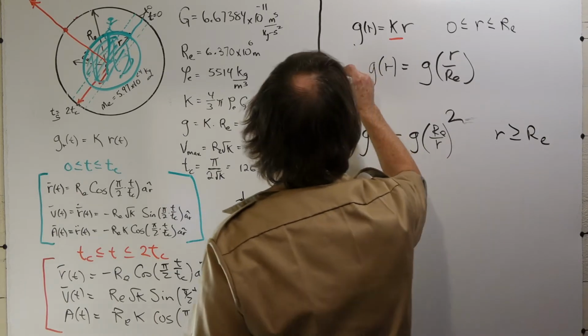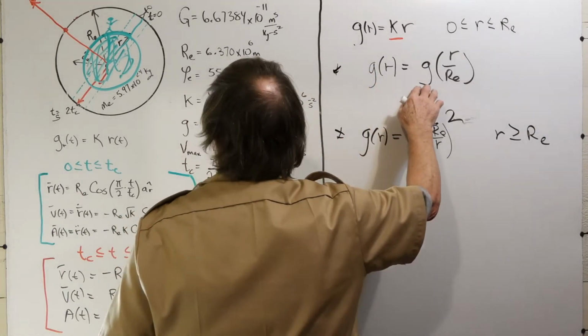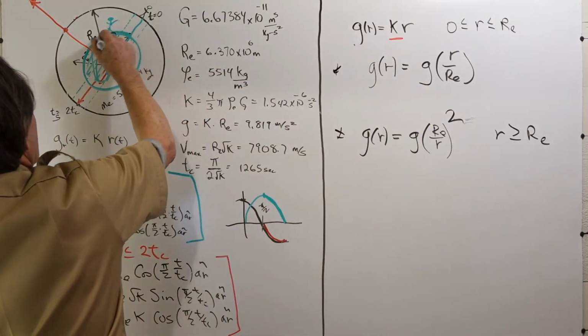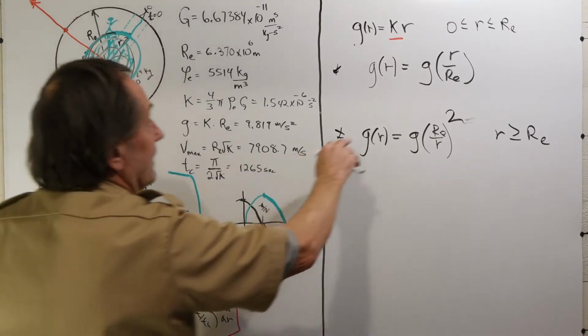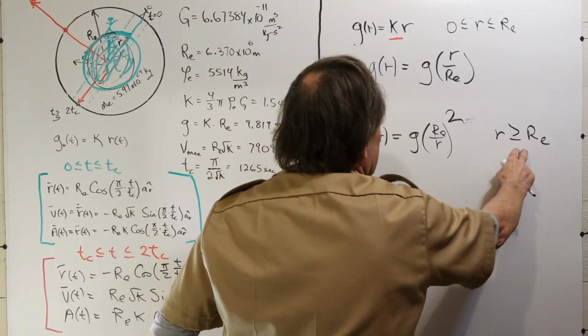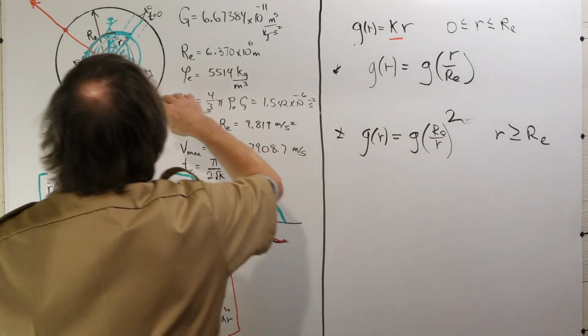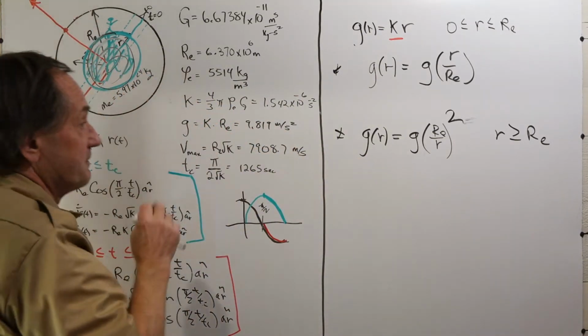So we have two equations here: one for when we're in the interior of the Earth, and one when we leave the surface of the Earth and go out into the atmosphere and space.